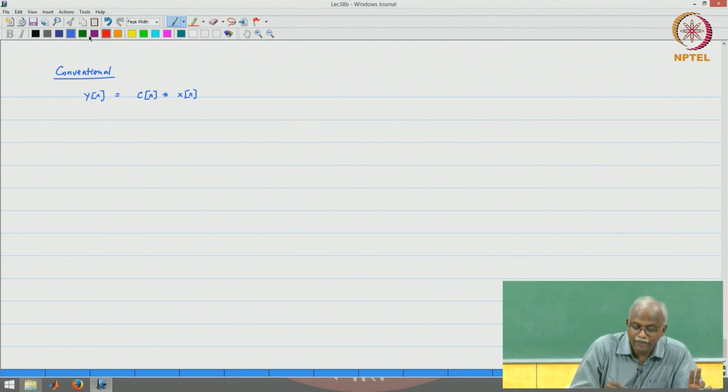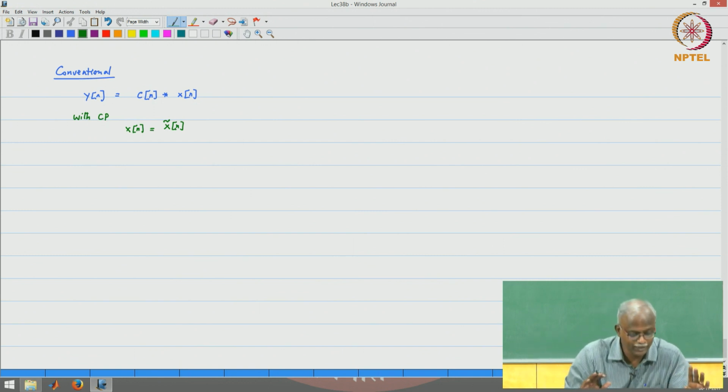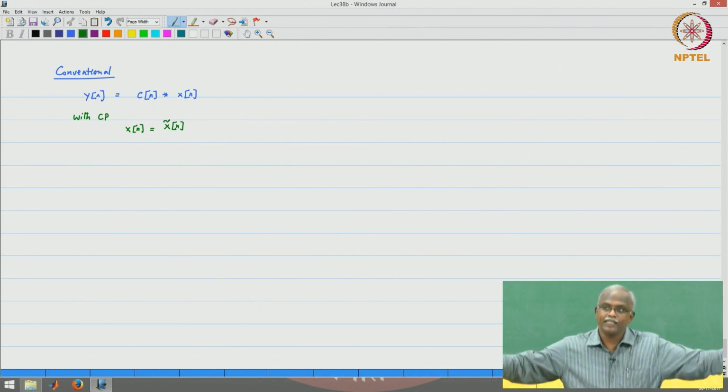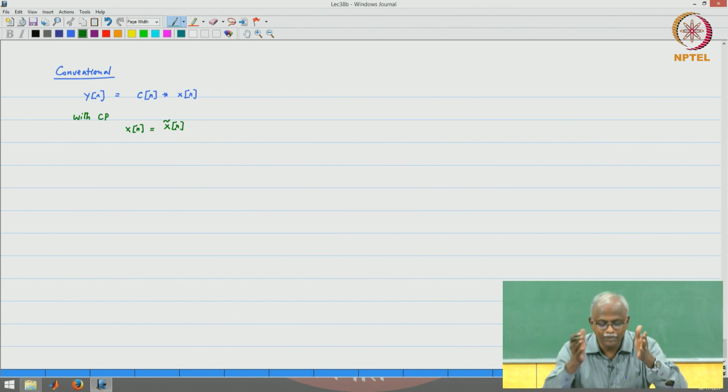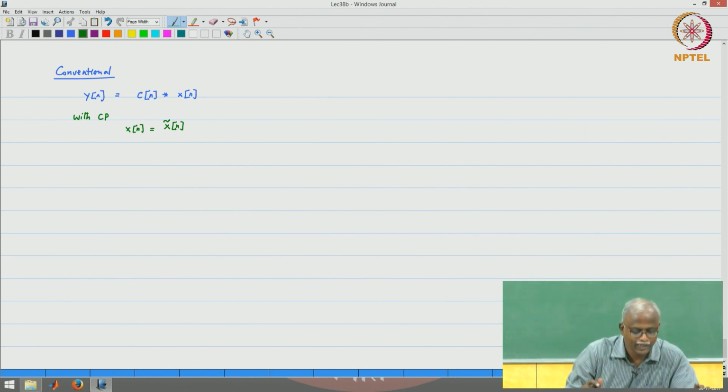Now, if I have done cyclic prefix, I hope you will recall that x of n with CP actually looks like a periodic signal. We call it x tilde because the data looks like it wraps around. Now, you may say, well, I did not really extend it beyond a certain point. It is not necessary because you are going to observe the convolution only over a finite duration. So, this looks like it is fine.